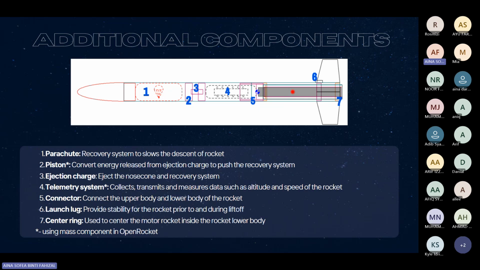And then next we have the telemetry system. The telemetry system basically transmits, and also measures data such as the altitude of the rocket and the speed of the rocket. In different cases, there's also GPS inside the telemetry system.